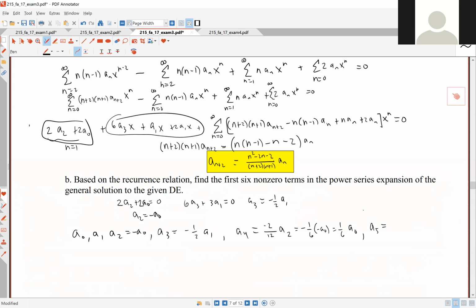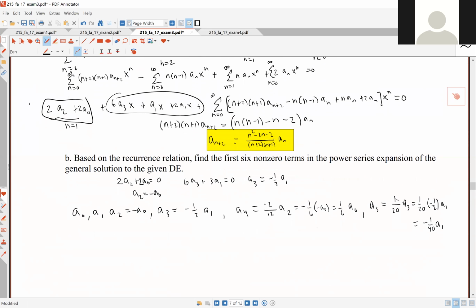a5 is when n equals 3, so that's 3 squared is 9, minus 6 is 3, minus 2 is 1, over 3 plus 2 is 5, times 3 plus 1 is 4, that's 20. Times a3, so that's 1/20th times negative 1/2 a1, which is negative 1/40th a1.